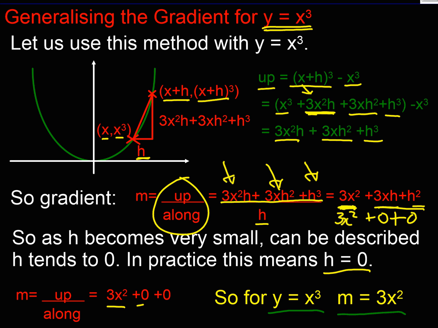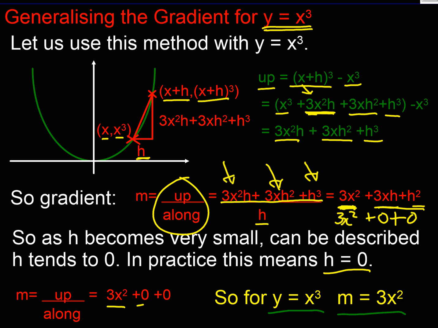So again, if we start at x equals 3, then that's going to be 3 squared times 3, which is 27. If we started at x equals 2, then the gradient would be 2 squared is 4, times 3 is 12.